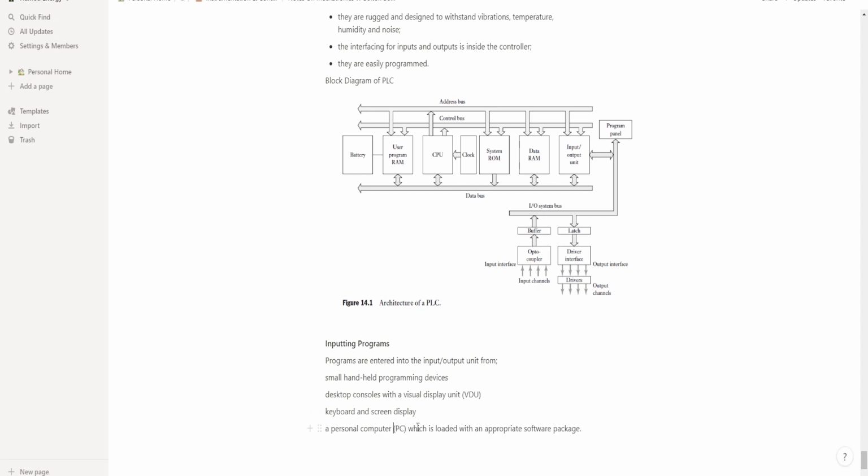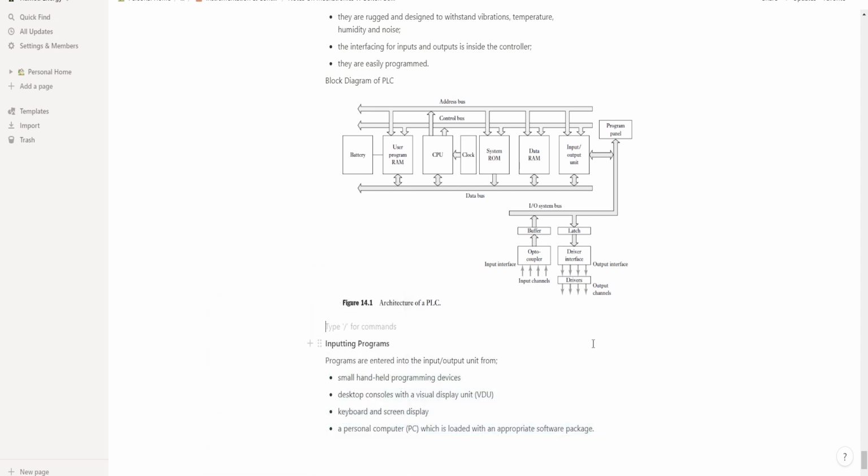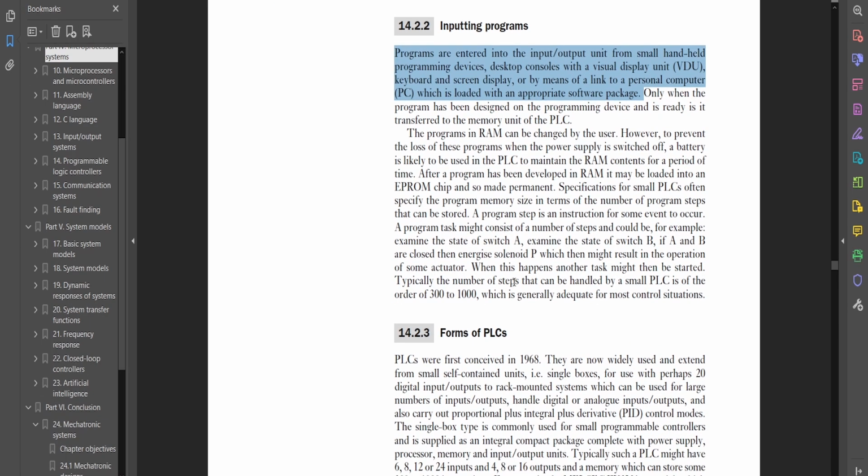Who uses the term personal computer nowadays? Which is loaded with appropriate software. Okay, so make these bullet pointed. Yep. Okay. Forms of PLC.